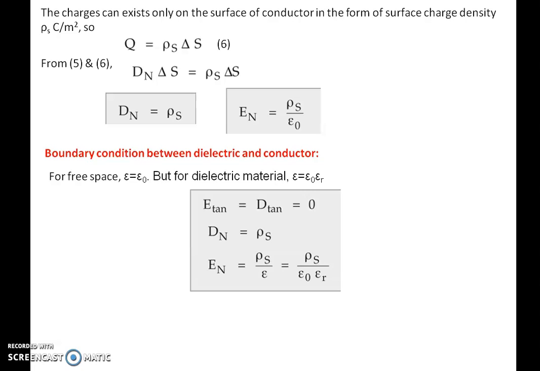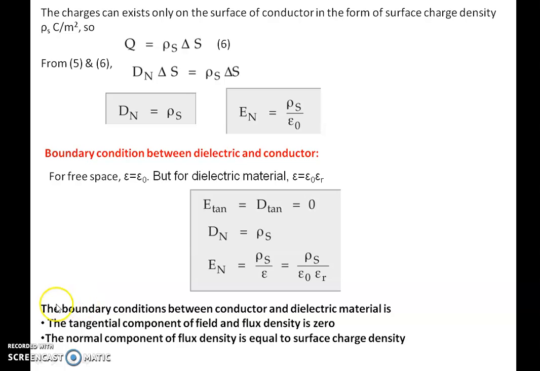So we can say that the flux density at a boundary between free space and conductor is equal to the surface charge density, and the normal component of field intensity is inversely proportional to the relative permittivity of the medium.